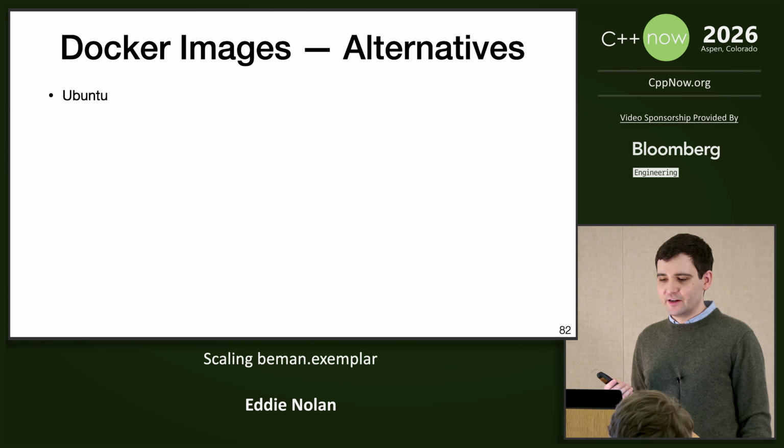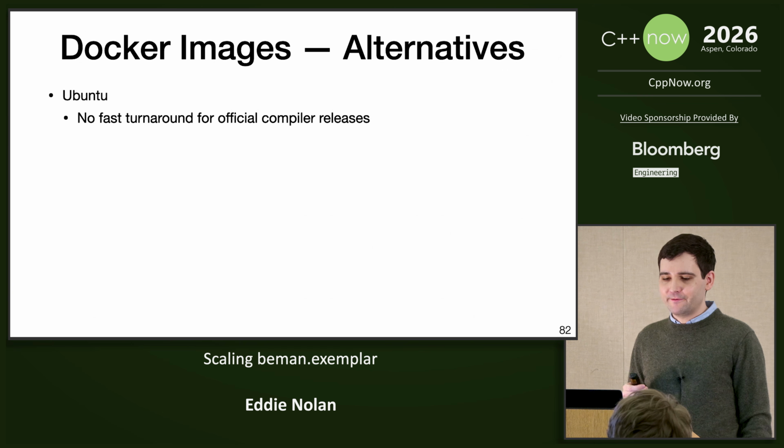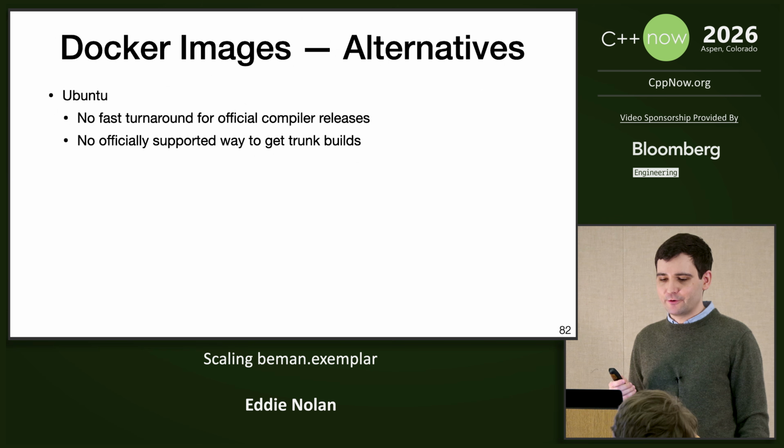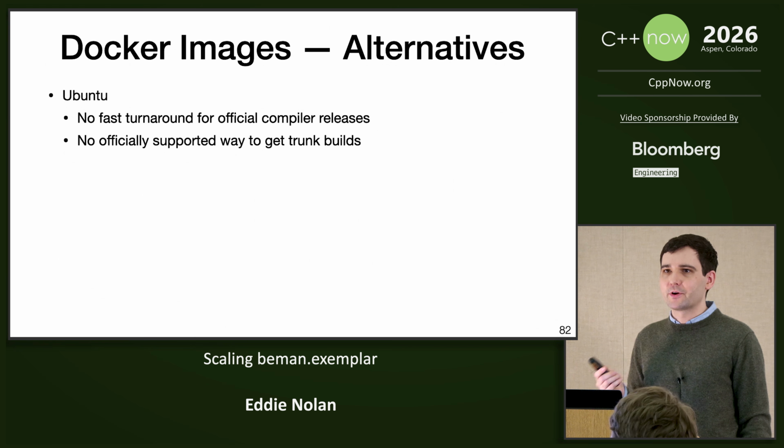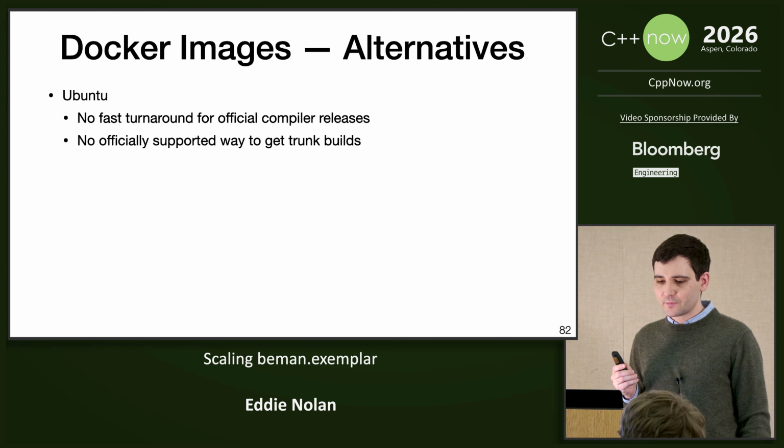So what were our options? Ubuntu was what we used originally, but we don't have fast turnaround for official compiler releases or official ways to get trunk builds. I've since been told that there are good third-party ways to get these packages.